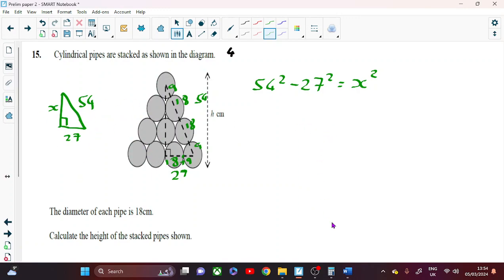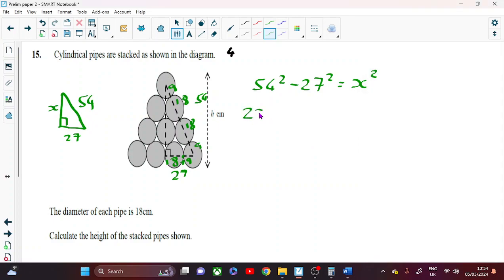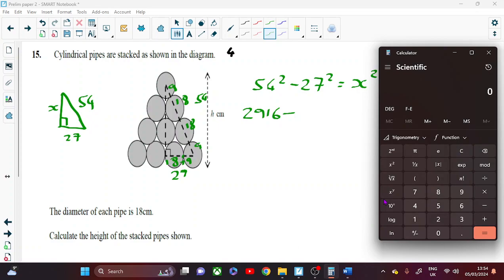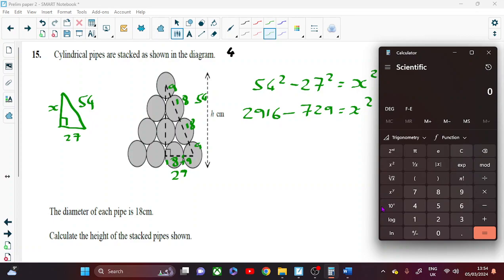You need to square everything. 54 squared is 2916, and 27 squared is 729. You can skip that step if your calculator will do it in one fell swoop. Mine's not the greatest.